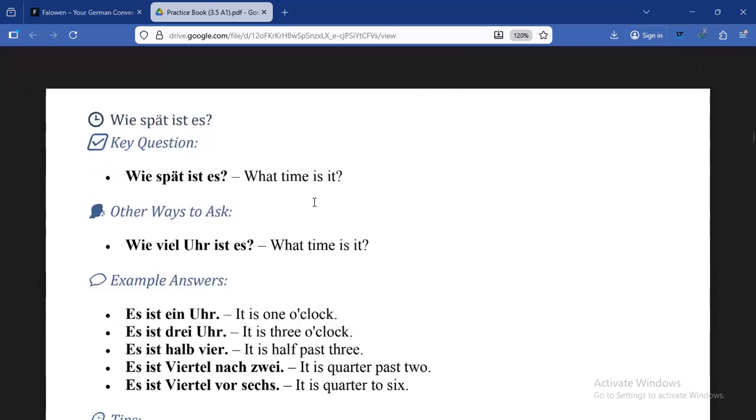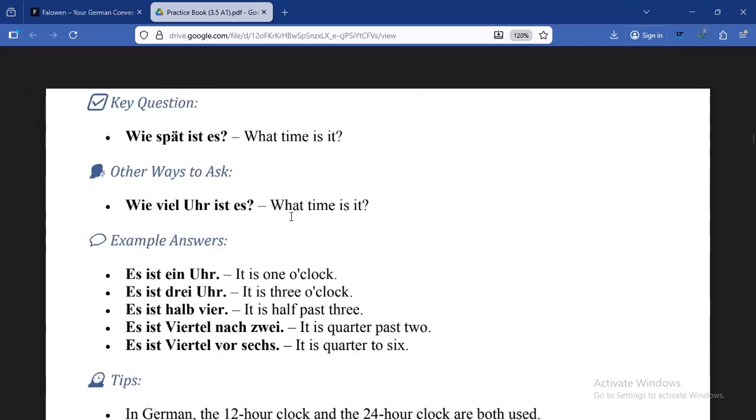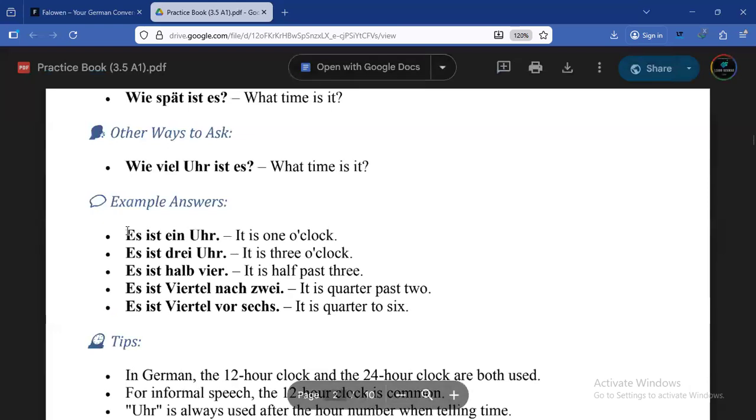And we also did time, and I told you that when you want to say time in German, you just start with "Es ist" and add the time to it. So if it is 1 o'clock, it's going to be "Es ist 1 Uhr." And if it is 3 o'clock, it's going to be "Es ist 3 Uhr."